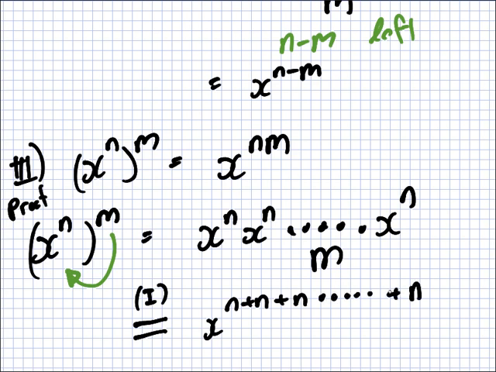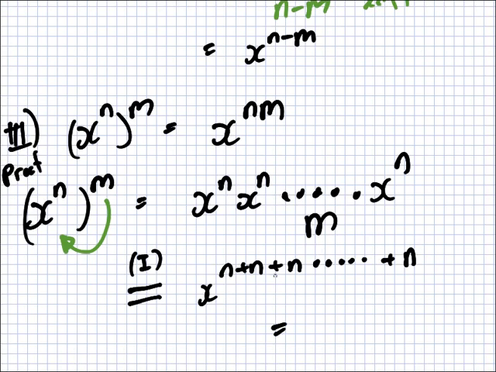And how many pluses do we have here? m of them. So, when you add the same thing many times, it's the same as multiplication. There you go.